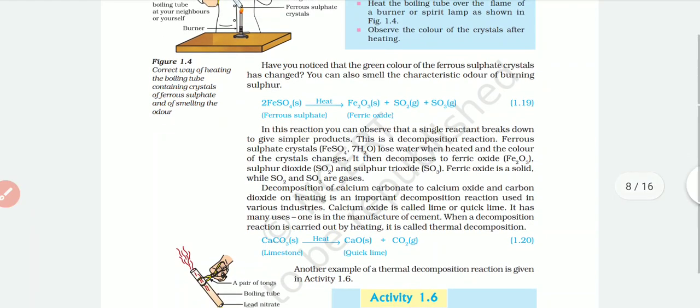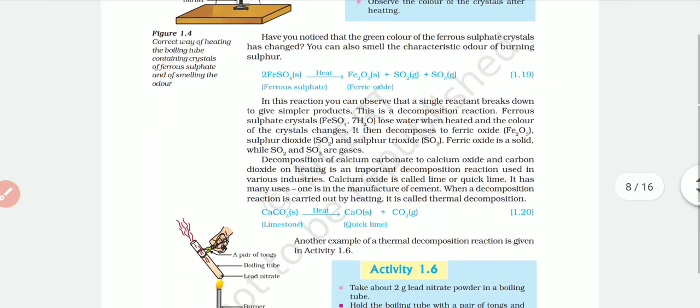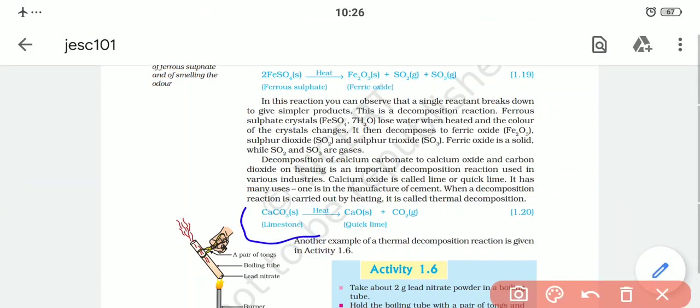Here our reactant is in solid state while the products are solid as well as gaseous. Another example is decomposition of calcium carbonate. When calcium carbonate, also known as limestone, is decomposed in the presence of heat, it forms calcium oxide, known as quicklime, and carbon dioxide.